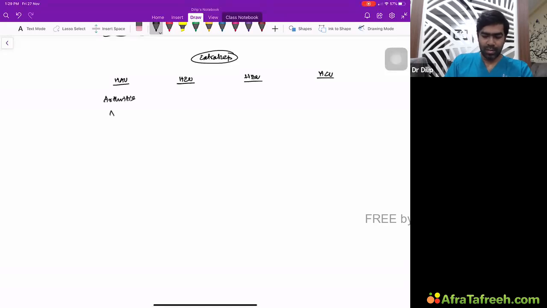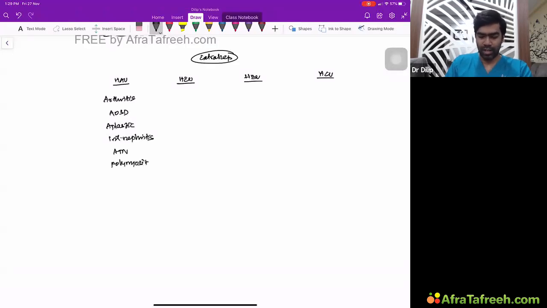Arthritis, they can predispose to development of adult onset Still's disease. They can develop aplastic anemia. They can develop pure red cell aplasia. They can develop interstitial nephritis. All this has been substantiated, but it's not very important for exams. Acute tubular necrosis. They can develop polymyositis, and even there are incidences of rhabdomyolysis with hepatitis A virus. So these are the extrahepatic manifestations of hepatitis A virus.